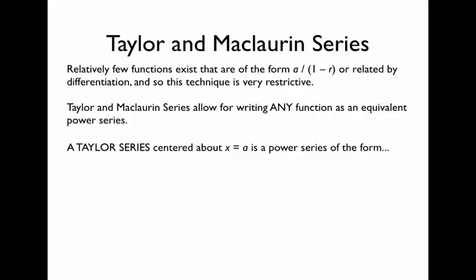Okay, so a Taylor series centered about x equals a is a power series of this form right here. And this first thing here in the numerator is the nth derivative. So that's not raising it to the nth power. That's the nth derivative of f, and then with a plugged in or evaluated at a.